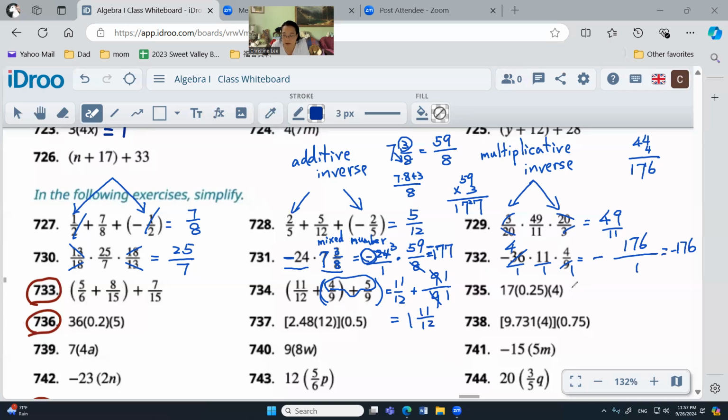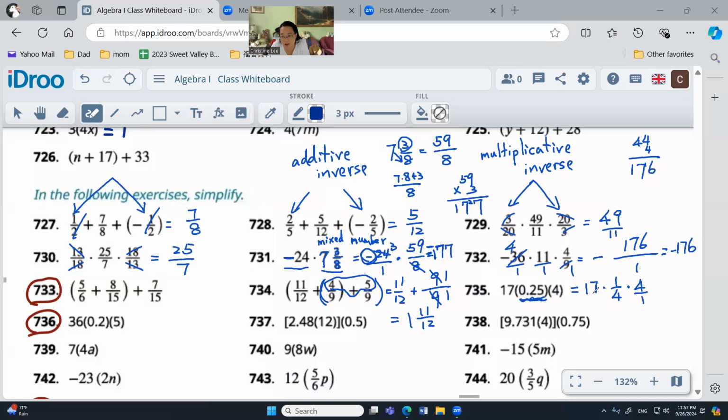All right, here. Well, we just look at this 0.25, and this is a 4. This is like 25 cents. This is called a quarter, and a quarter means 1/4. So 17, you got a quarter and you got 4.